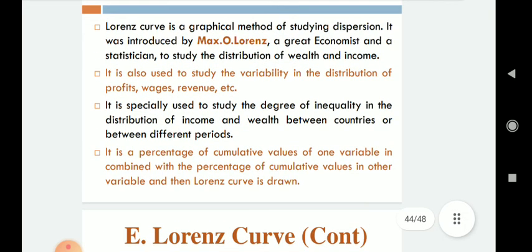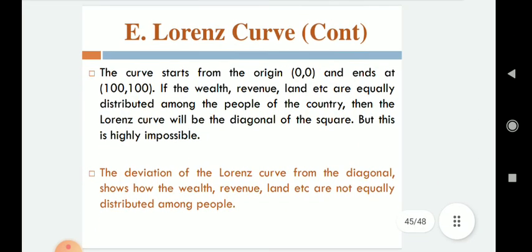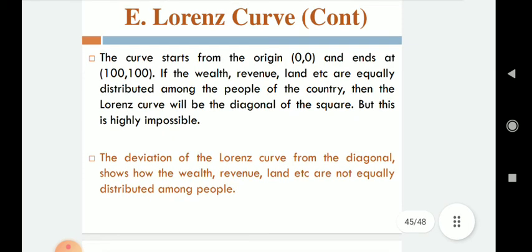It is a percentage of cumulative values of one variable combined with the percentage of cumulative values of another variable, and then Lorentz curve is drawn. The curve starts from the origin, that is 0 0, and ends at 100 100. Why 100 100? Because this is a percentage curve, remember.